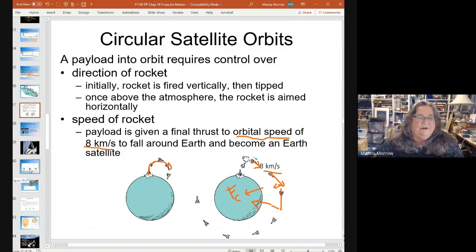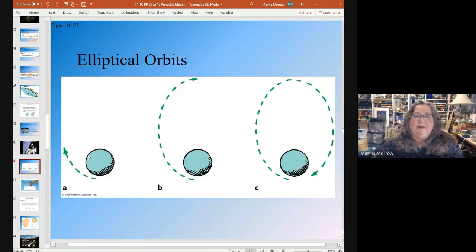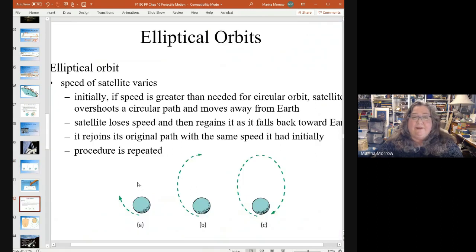And often we put things in parabolic or elliptical orbits instead of circular ones. Those happen for various reasons, but usually we shoot them out and we give them a speed that's a little greater than 8,000. Then they go up a little too far away from the Earth, but eventually they circle back around.